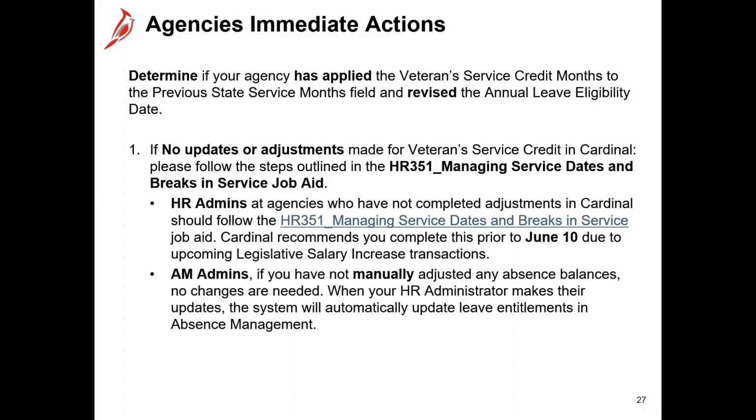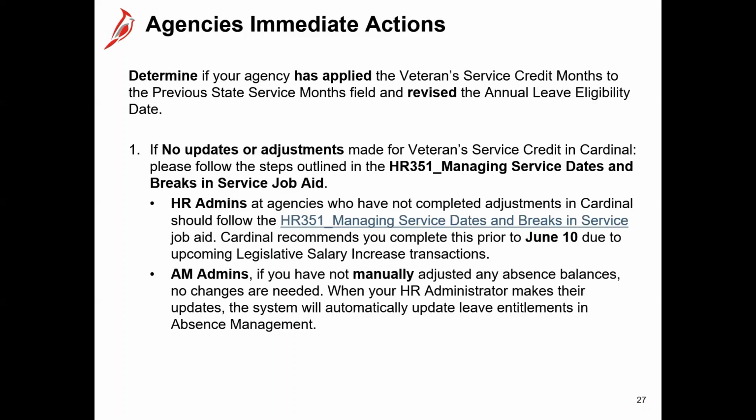First, you're going to determine if your agency has applied the Veteran Service Credit months to the previous state service months field and revise that annual leave eligibility date as per the guidance that was previously given when the policy changes occurred in January. If your agency did not make any updates or adjustments for Veteran Service Credit in Cardinal, you will follow the steps outlined in the HR 351 Managing Service Dates and Breaks in Service Job Aid.